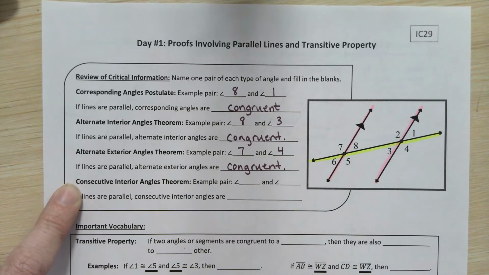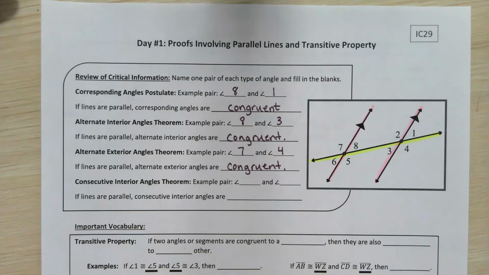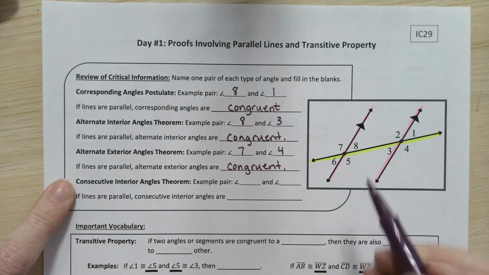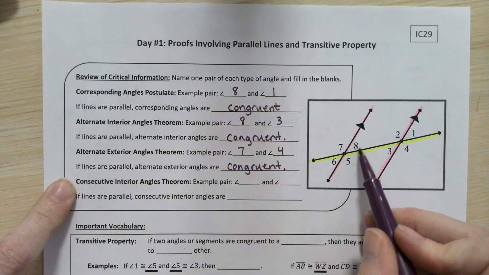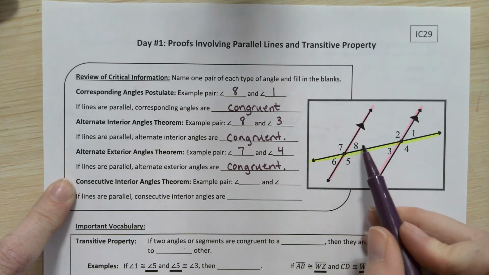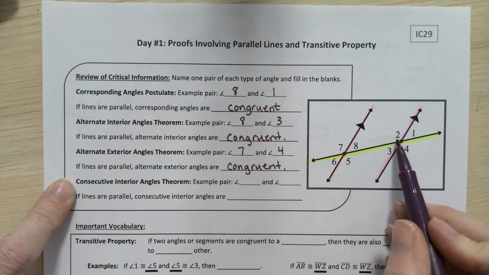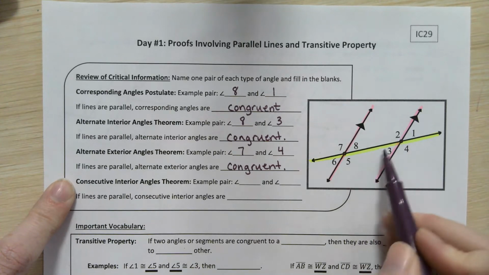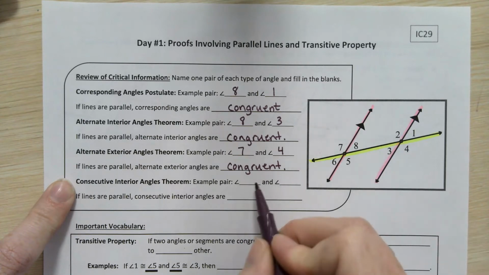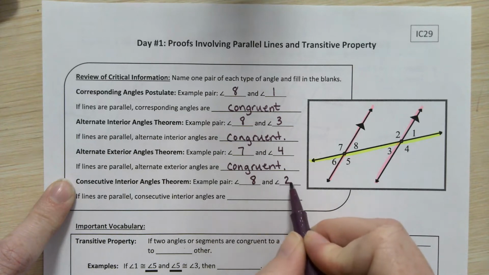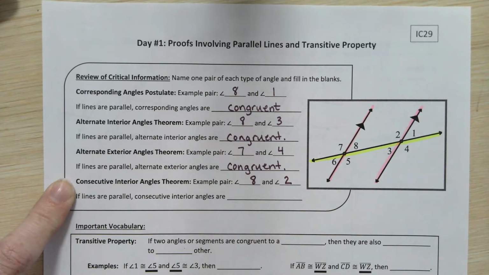Then we get to our fourth and final kind of angle called consecutive interior angles. Those are not alternate. So if we start with an interior angle like angle 8, we need to stay on the same side of the transversal, but also stay in between those parallel lines. So an example of consecutive interiors would be angle 8 and angle 2.